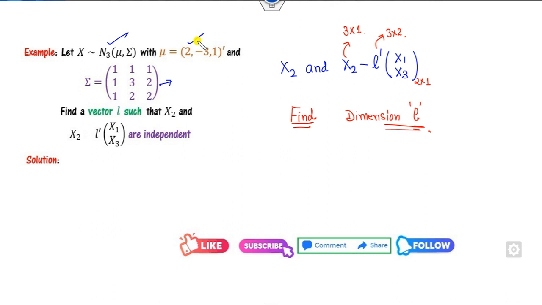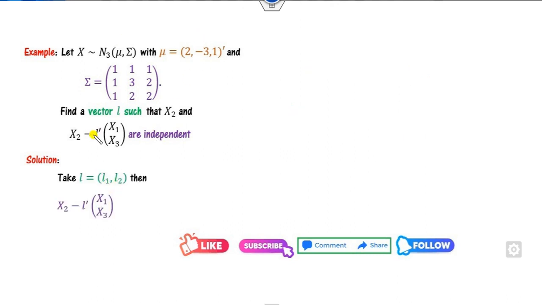No. X2 is one dimension. Complete X means X1, X2 and X3. This X is 3 cross 1, this X2 is 1 cross 1.